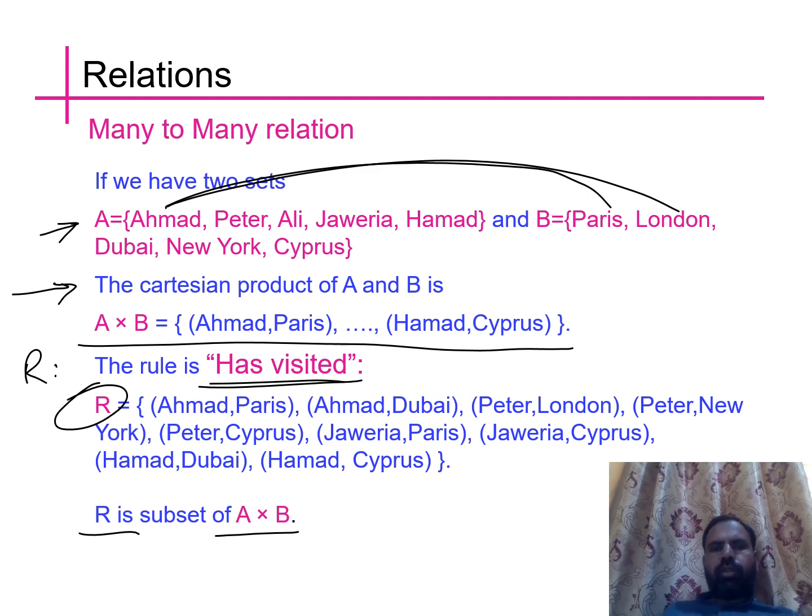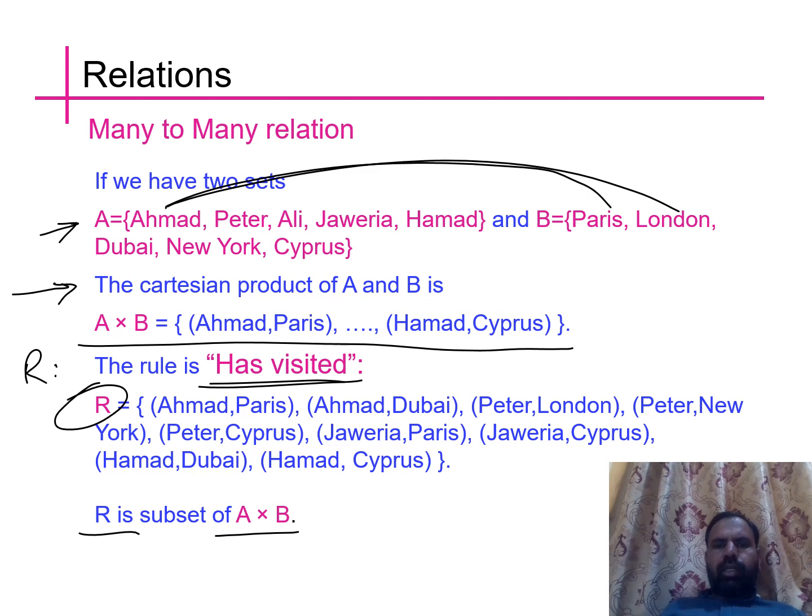Similarly for Peter, for each city, Ali, Javeria, and Hamad. The last element in the Cartesian product is (Hamad, Cyprus).